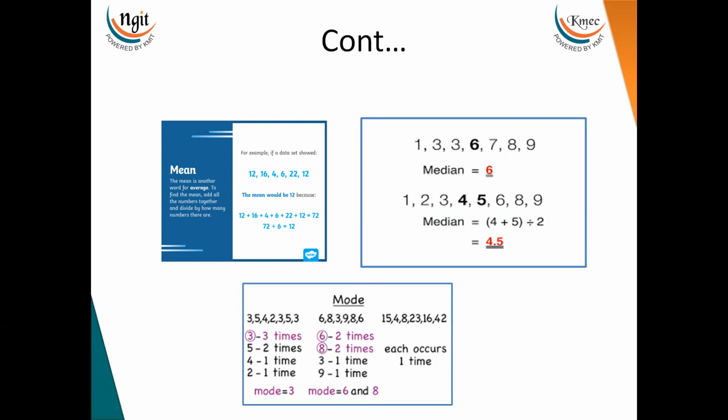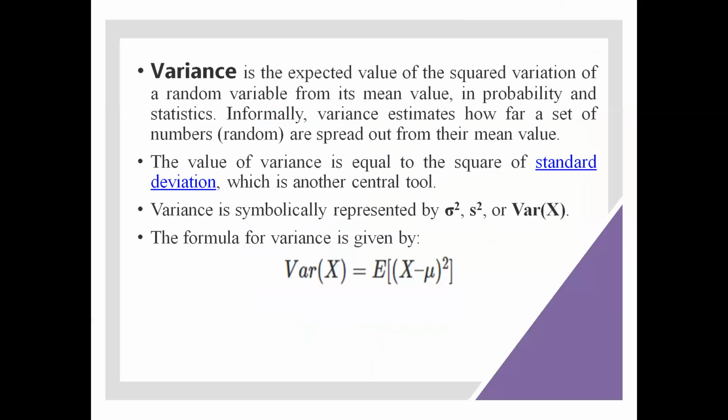Okay. So it is clear how mean, median and mode we can find out. The same way we have another statistical measure which is called variance and covariance. So what is variance here? Variance is nothing but how far your data set is from the mean. You have a data point, and you want to find the distance between the data point and the mean value, squared.